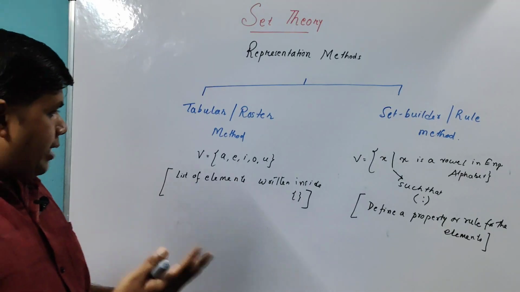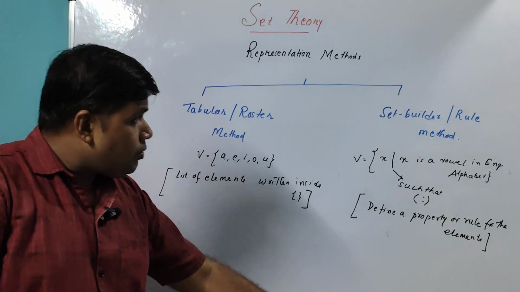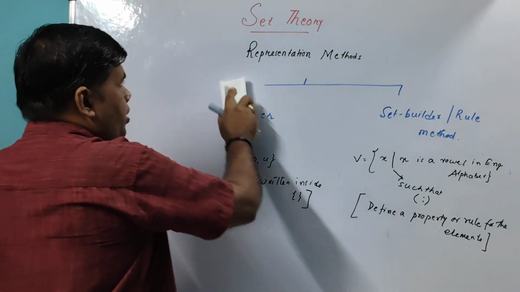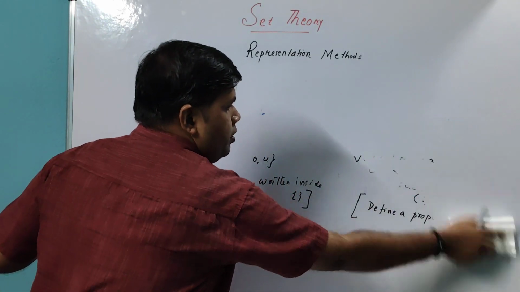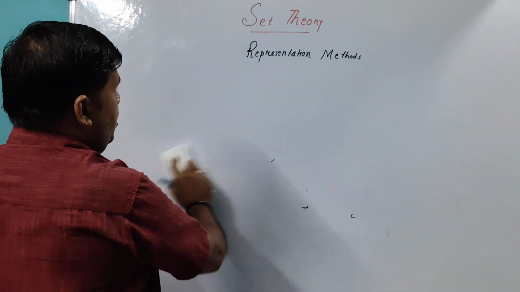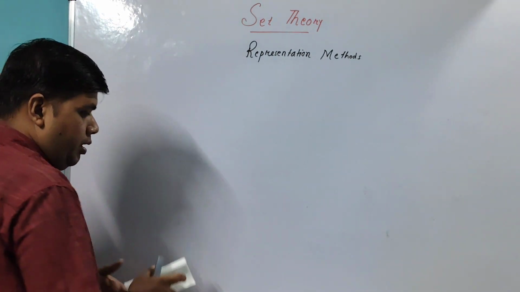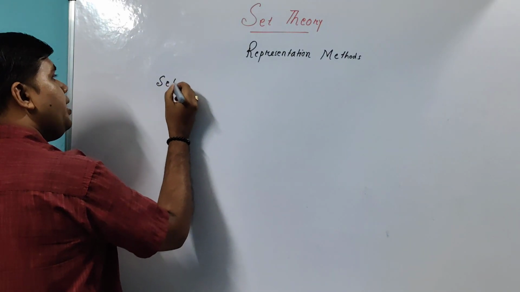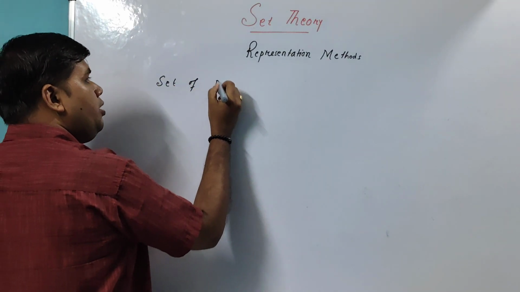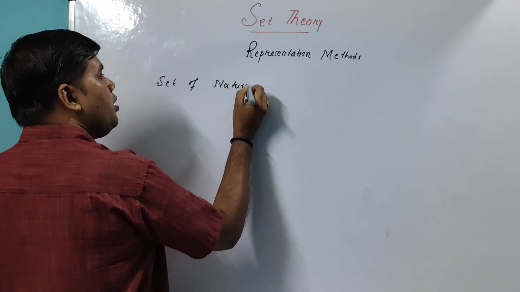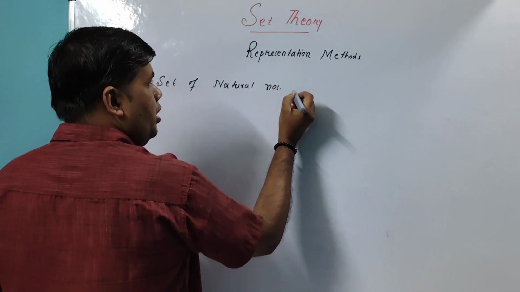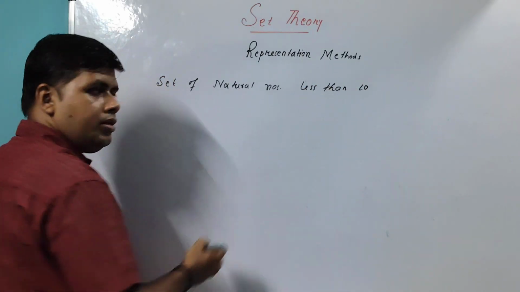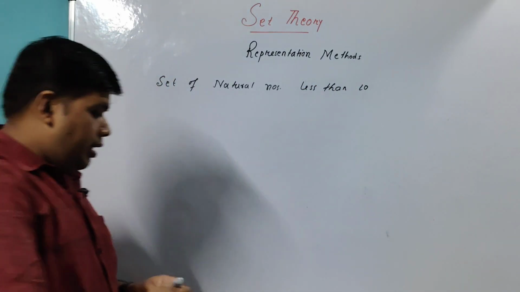Now we will look into some examples where these two can be understood distinctively. Let's take an example of the representation of the set of natural numbers less than 10.